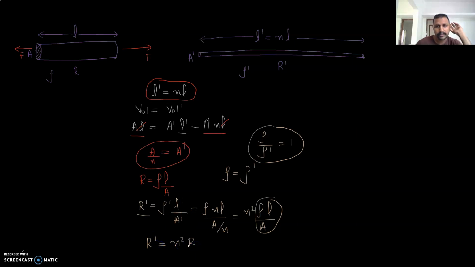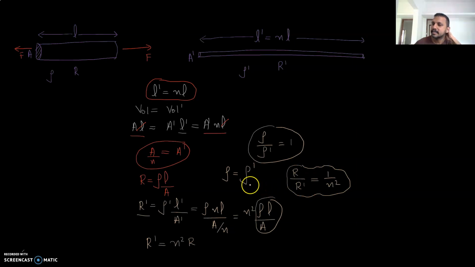Clear? Then we could write R by R dash is equal to 1 by n square. Okay, therefore this is the ratio of the resistance also.